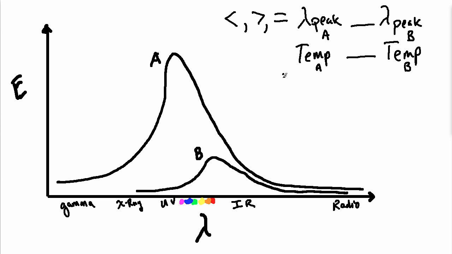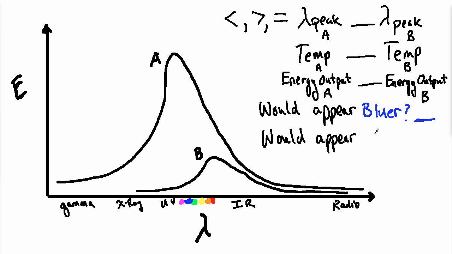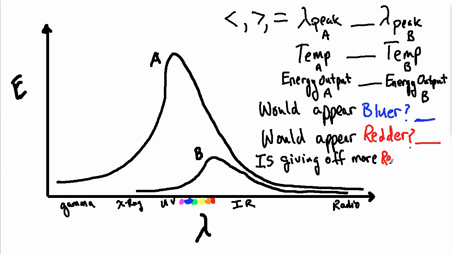And also the energy output of object A versus the energy output of object B. And then also which, if either of the objects, would appear bluer, and which might appear redder in color. And lastly, which of the objects is giving off more red light?